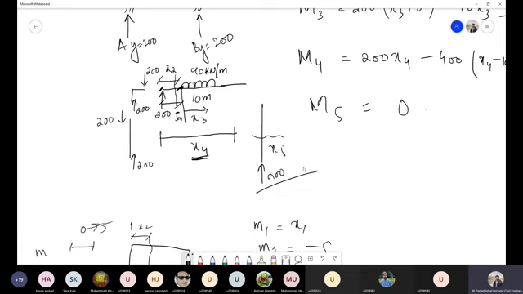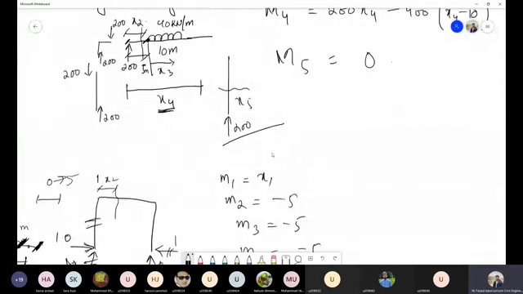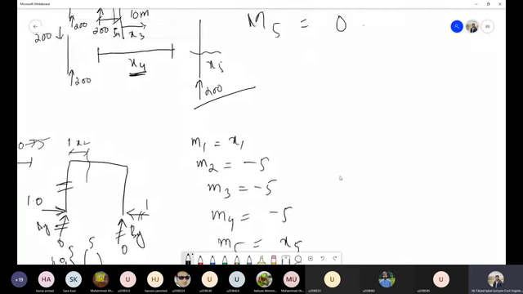Since I was doing it from the right end, I have to follow the same convention. If I had come from the left end, or had resolved all these forces, then I should have started from the left end in this case as well. So whatever convention you follow in your primary structure, you should follow the same one in this section where you have applied this virtual load, right?